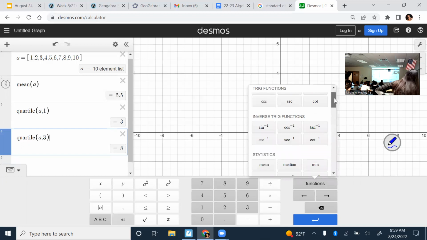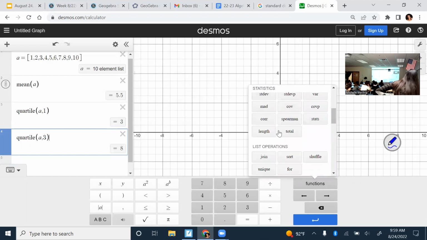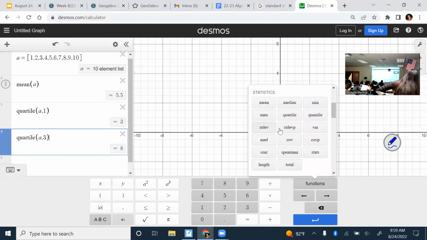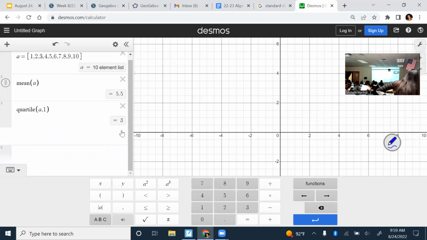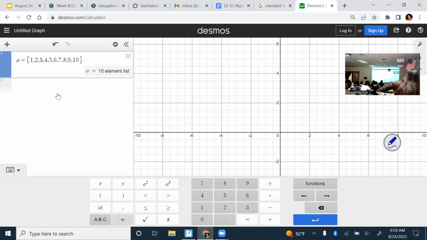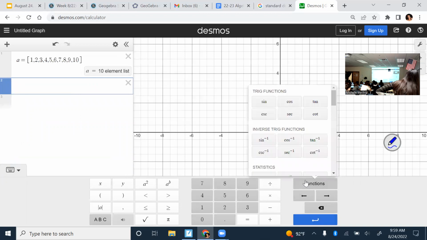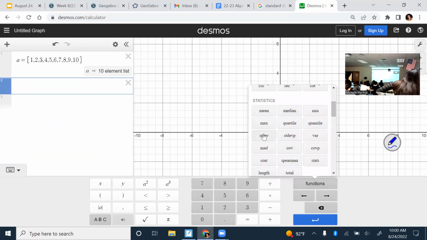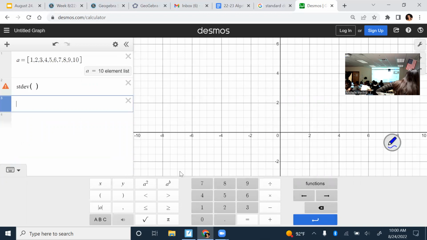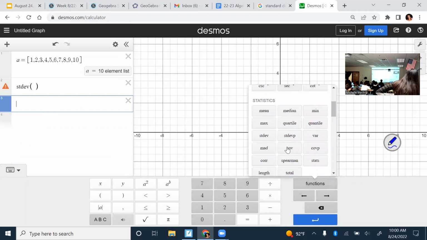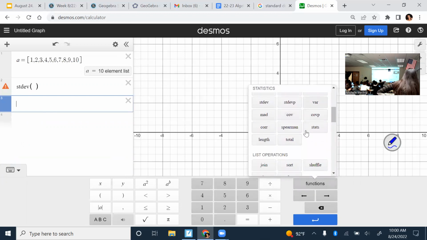And then if you look again, there's also for standard deviation, there's actually 2. There's one just normal standard deviation. So let me get rid of these. So there's normal standard deviation, and then there's one for standard deviation of a population.